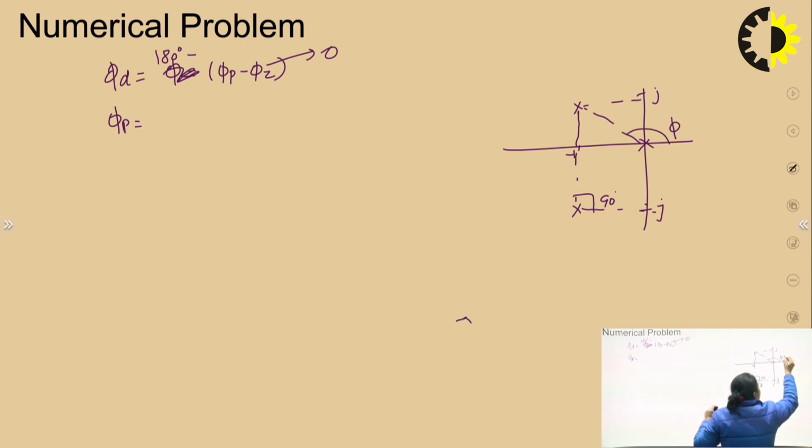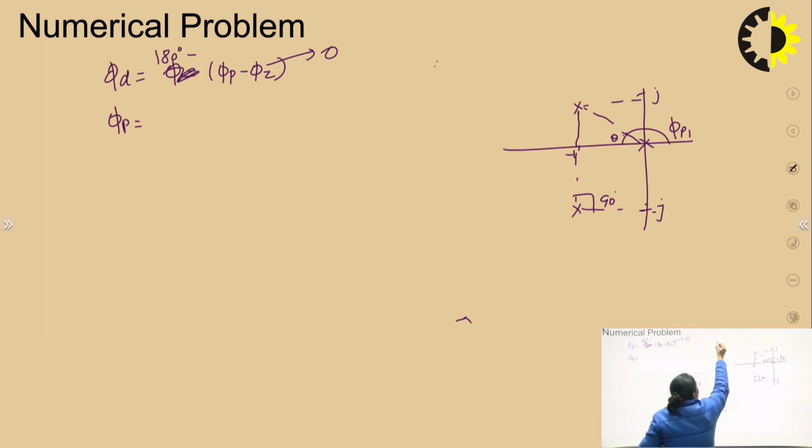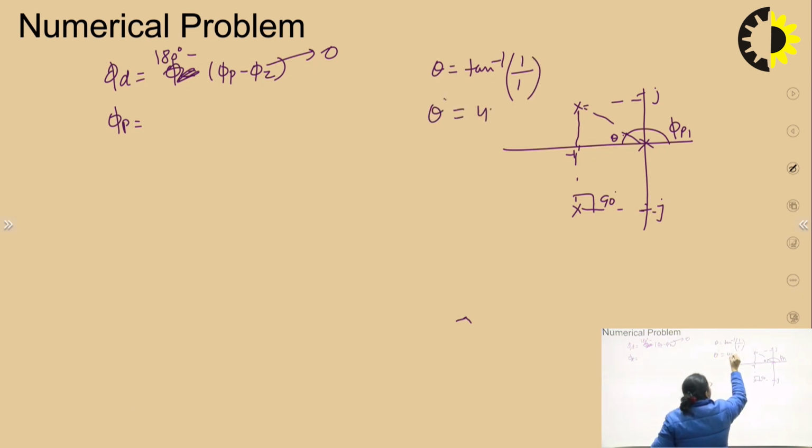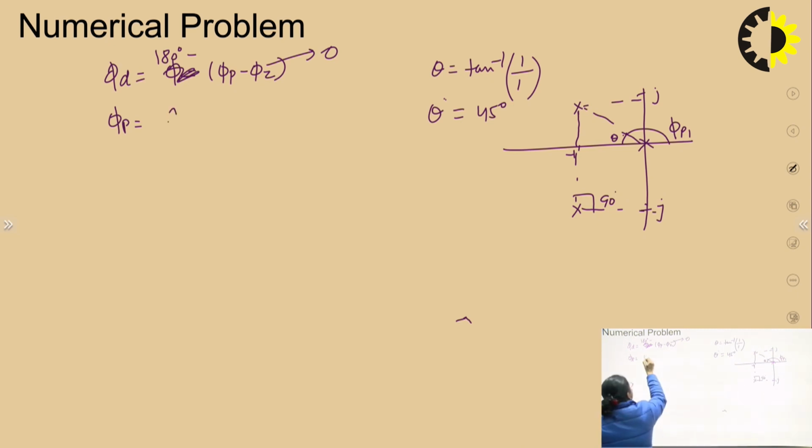Now I have to find this. Let's say this is phi p1. Phi p1 can be found if I find this angle as theta, so phi p1 will be 180 minus theta. How do we find theta? Theta will be equal to tan inverse, perpendicular is 1 and base is also 1, so theta comes out to be 45 degrees.